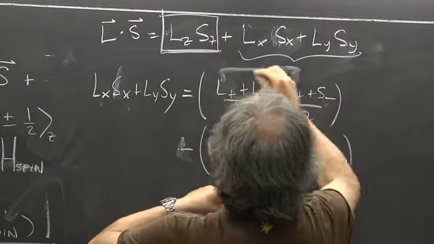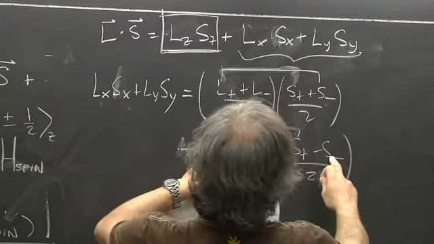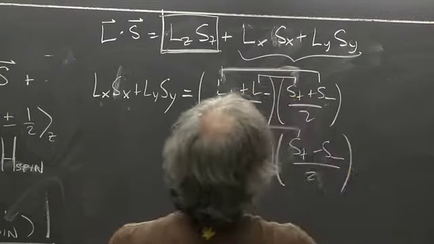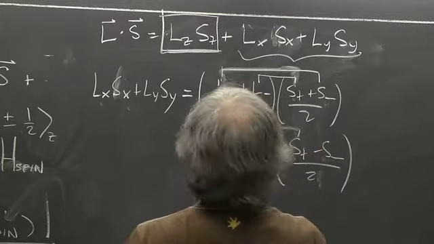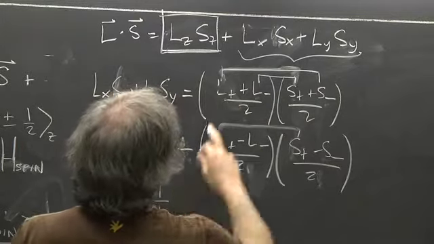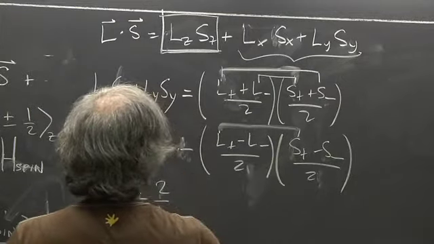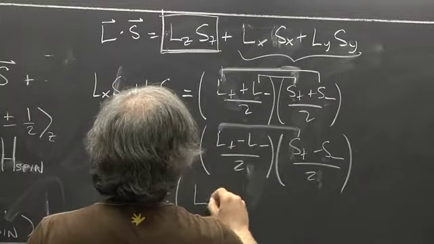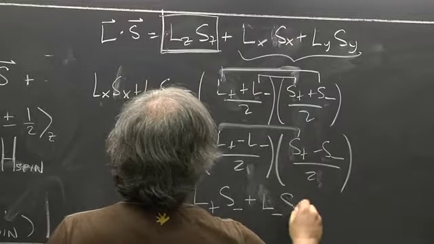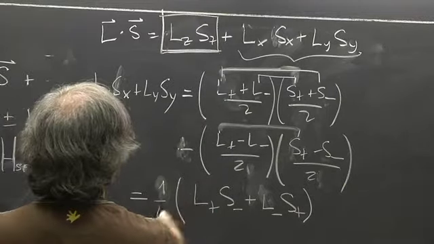So the only surviving ones are L plus S minus, which appears there and there, but now with the same sign, and the other, which is L minus S plus, which appears there and there with the same sign. So all in all, I have a factor 1/4, but two terms appearing in the two, so there is a factor 2 times 1/4, and the two terms are L plus S minus plus L minus S plus. So 1/2 of this.